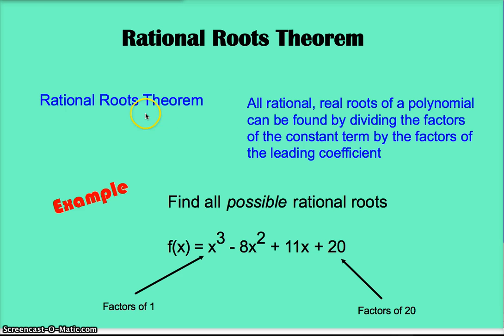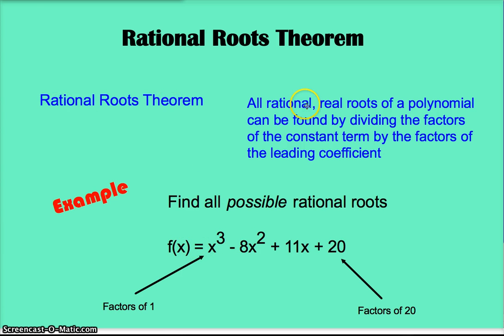So the rational root theorem states that all rational real roots of a polynomial can be found by dividing the factors of the constant term, so that's this term here, by the factors of the leading coefficient. Okay, so the leading coefficient is right up here, right? The coefficient is the number before the variable.